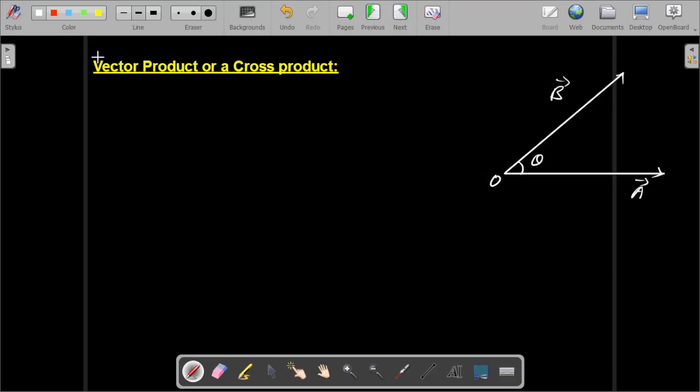They are acting from the origin in these directions.